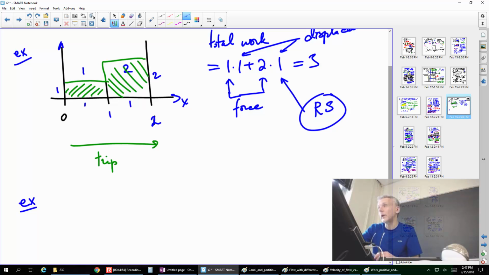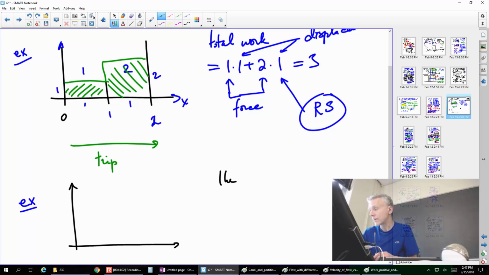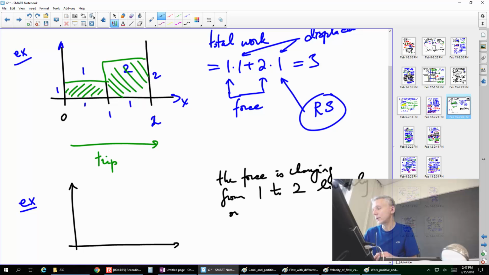And I am doing on purpose, once again, exactly the same story as before, and that is the force is changing from 1 to 2 linearly over this period, over this interval from 0 to 2.